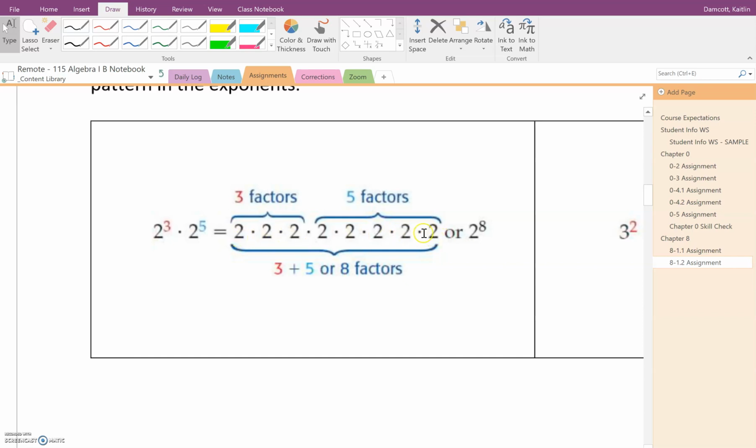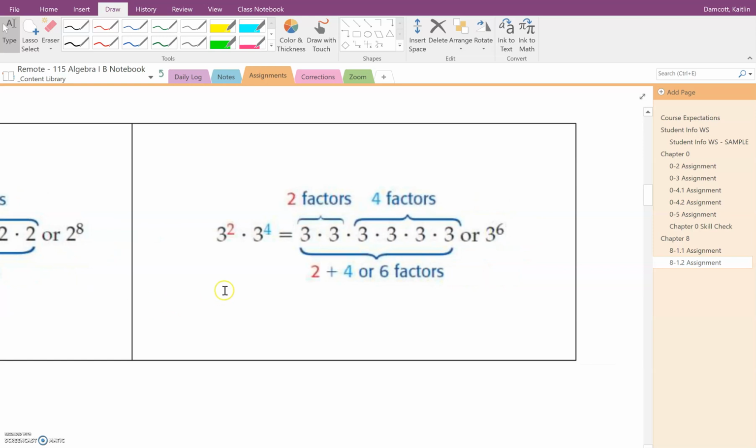Now, if you were to count up all of these 2's, we would have 8 total factors. So 3 factors plus the 5 factors are going to give us a total of 8 factors, which is 2 to the 8th power. So we started with 2 to the 3rd power times 2 to the 5th power: 3 factors in the first monomial, 5 factors in the second monomial, and then ended with a total of 8 factors.